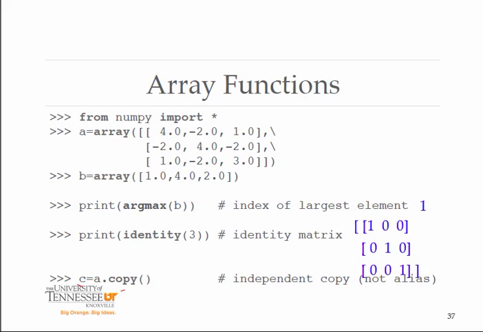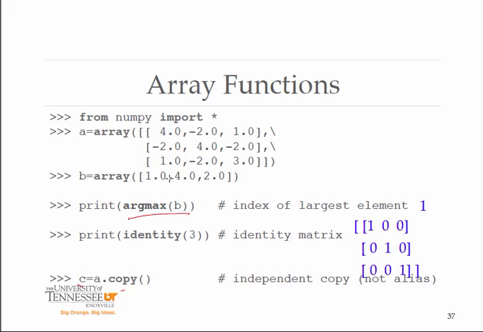And the last slide in this particular section, again, using our working example of the 3x3 A matrix and the vector B, is that you can use the argmax or even argmin function in a very nice way, especially if you're trying to do some type of search or sort. Sometimes it's very nice to know the index of the largest element. So, for example, here we're just asking for the index in the vector B that corresponds to the largest element.